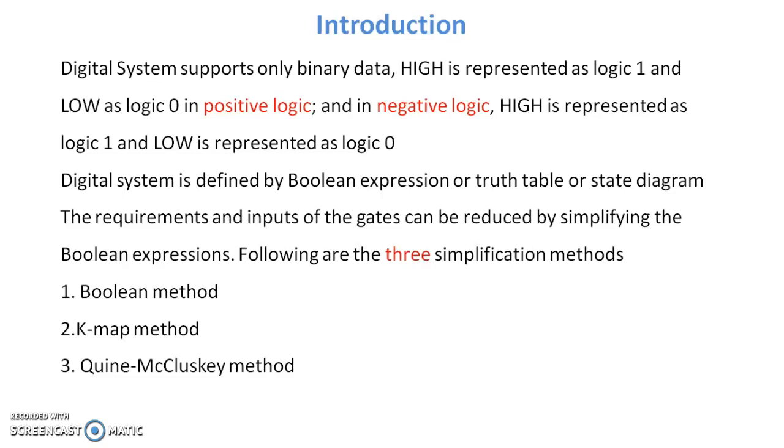A digital system is defined by Boolean expressions, a truth table or a state diagram. The requirements and inputs of the gates can be reduced by simplifying the Boolean expressions. Following are the three simplification methods: the Boolean method, the K-map method, and the Quine-McCluskey method.